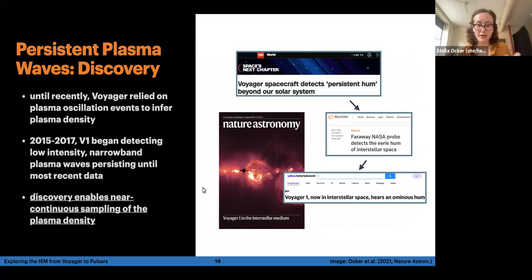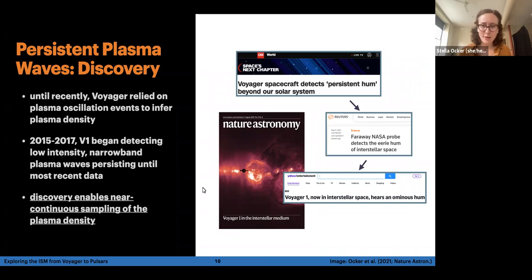And it was featured in the August issue of Nature Astronomy, and it also prompted a rather amusing progression of news coverage. At first, it was discussed as a persistent hum, and we called it a hum because the peak frequency of this plasma line is around 3 kilohertz, which is in the audible frequency range.